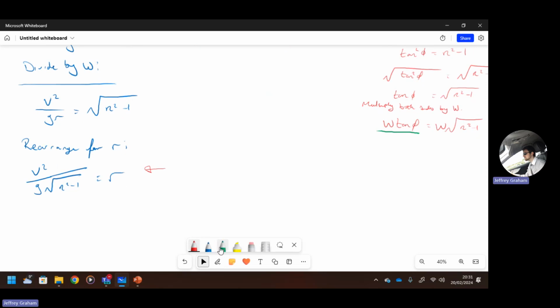Lastly, I did hint at this further up. When we go around the circle, we have both linear and angular velocity. So here is a relationship that says radius is linear velocity over angular velocity.